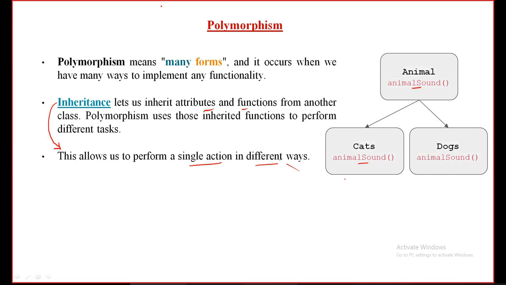Any doubt up till now? Whatever method or function overriding we saw, with respect to that, we can have multiple ways or different ways of doing the same task or taking the same action in case of an inheritance scenario also.